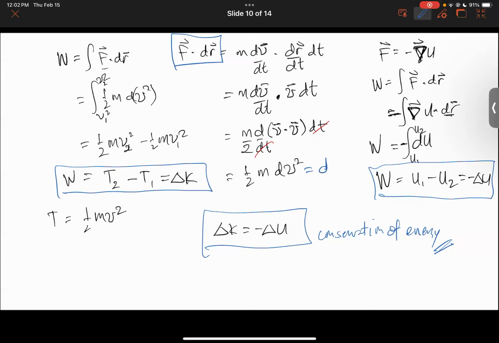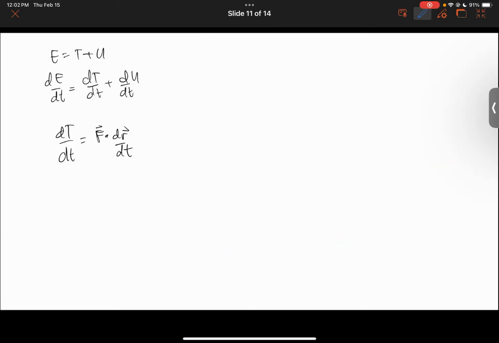But this is nothing but dT, kasi this is the change in kinetic energy. So yung dT ay equal sa F dot dr, and then divide this by dt, then we have this. So this will be just equal to F dot v, or F dot r dot.